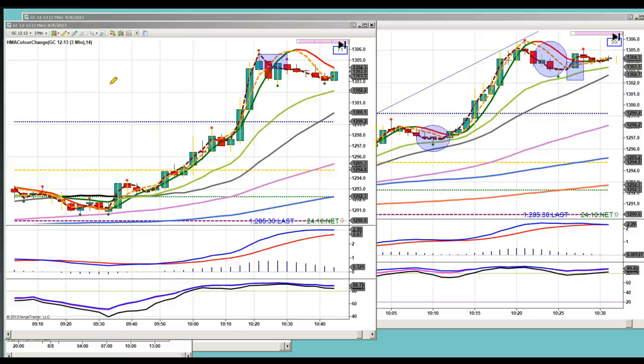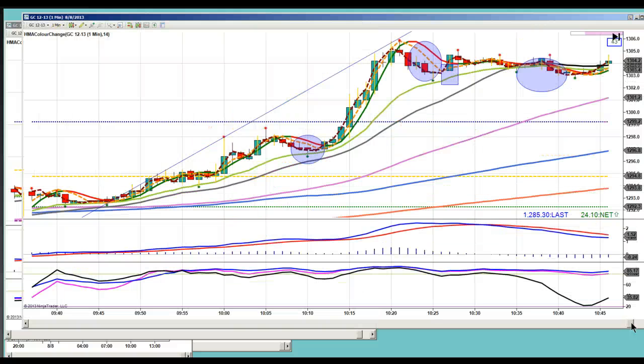Now, what does happen is when the 3-minute HMA changes color from green to red, you will see that the 1-minute is ready to do a reversal. So you actually have 2 points where you can do your counter trend.